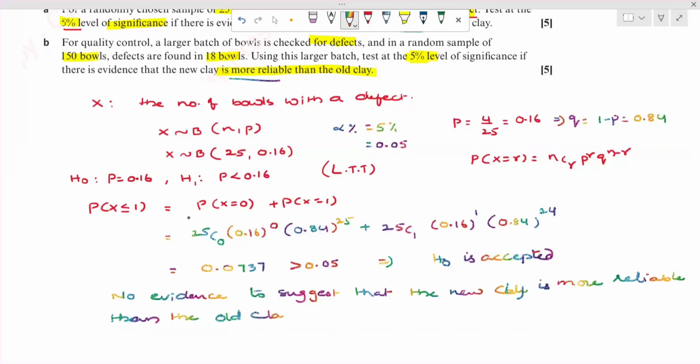So this is the first part. Okay, now the second part, see here, what is the second part?